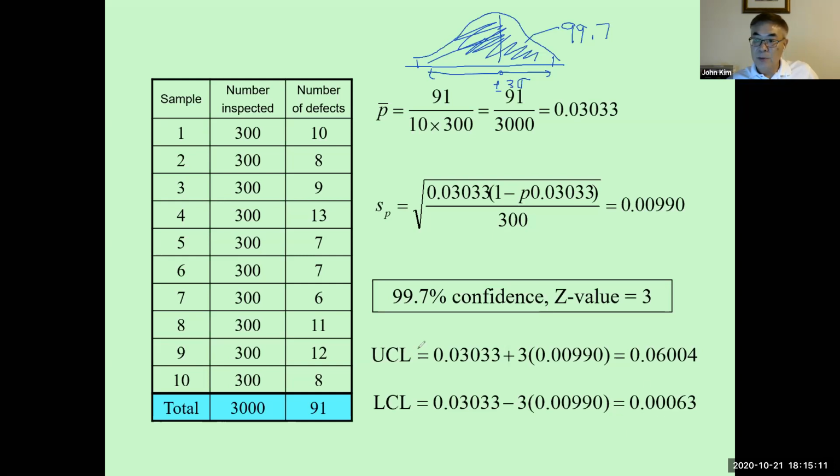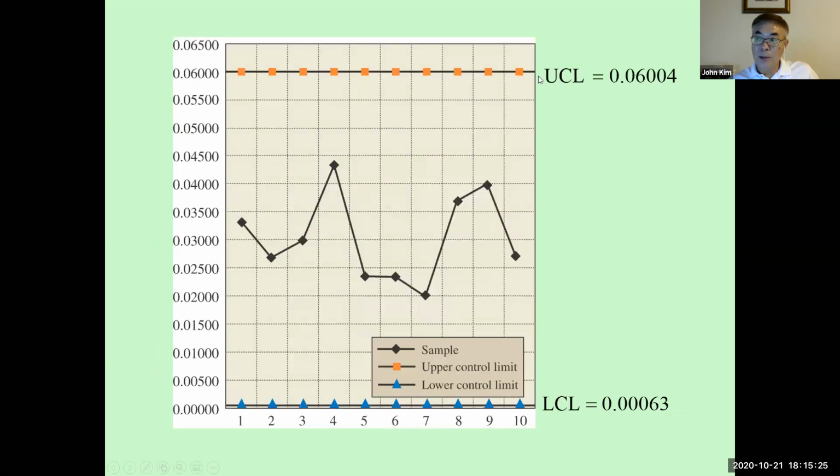So using this upper limit and lower limit, then we can draw a chart like this. Upper limit 0.06004, lower limit 0.00063, and then these dots from this.